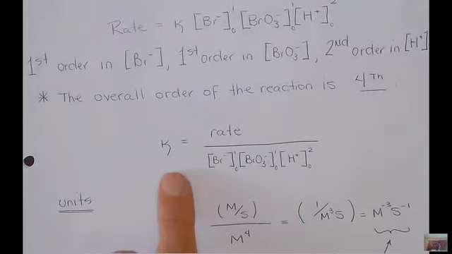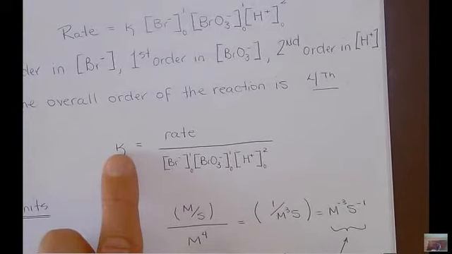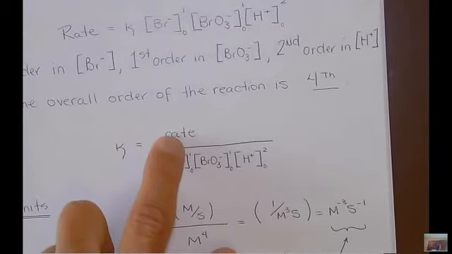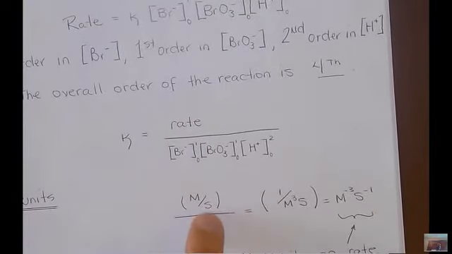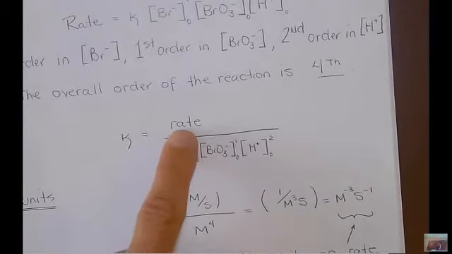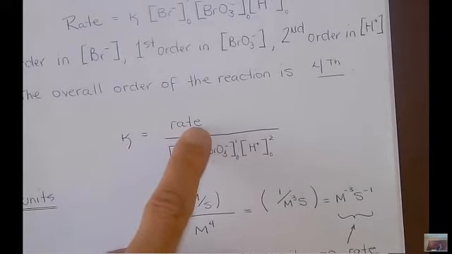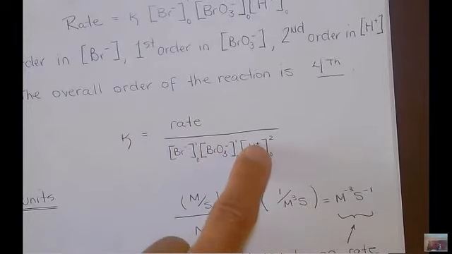Okay, let's take a look at the units when it's fourth order. Well, what are the units of rate? I don't care which thing I'm measuring, appear or disappear, rate always has molarity per second. Well, what is K then? This has molarity per second in the numerator, and it's got molarity to the first, and molarity squared here.